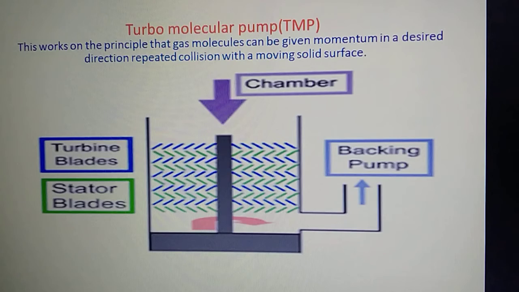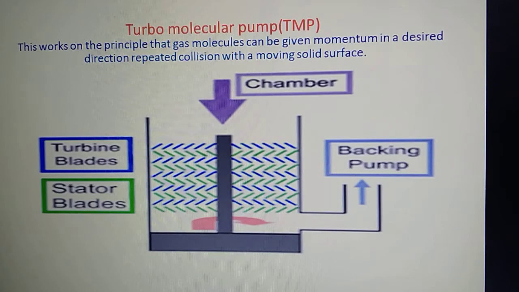turbomolecular pump. And this turbomolecular pump works on the principle that gas molecules can be given a momentum in a particular desired direction with repeated collisions with a moving solid surface.